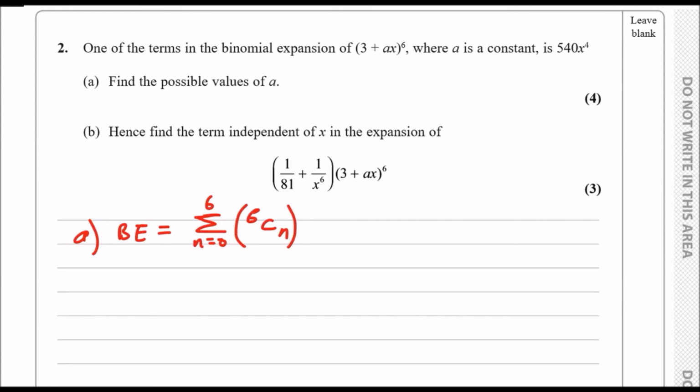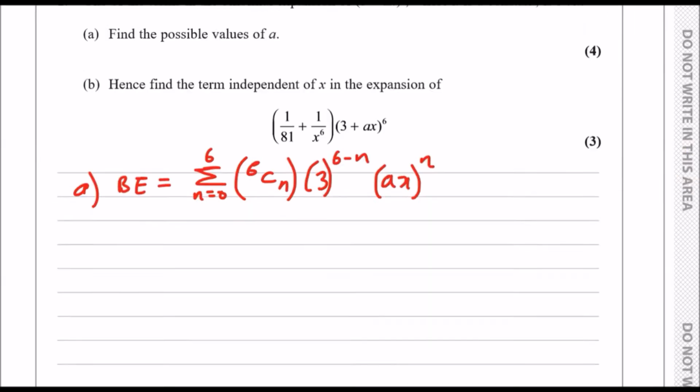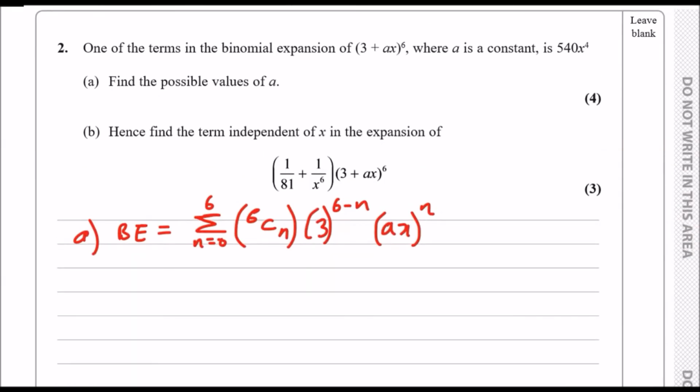The next part would be the 3, so it'd be 3 to the power of 6 minus n. So you're always kind of going back here. And finally, you've got the ax, which is going to be ax to the power of n, and that's your current position. So let's go ahead and expand for a second, guys, and try and do it in the easiest way possible.